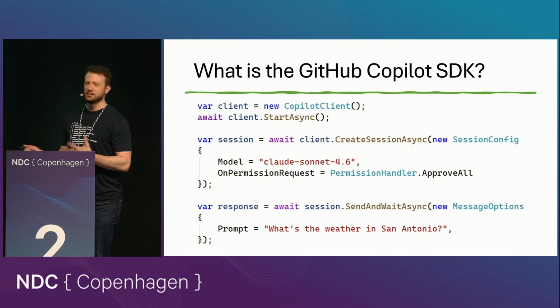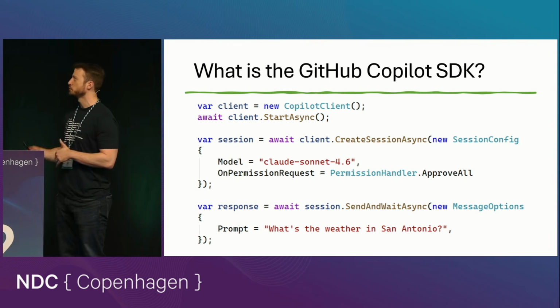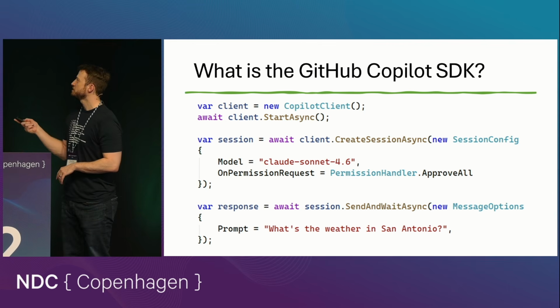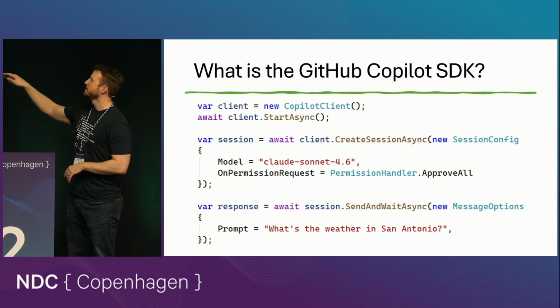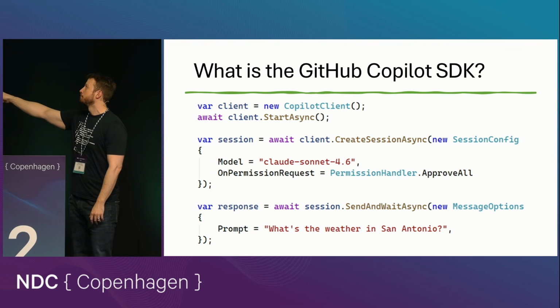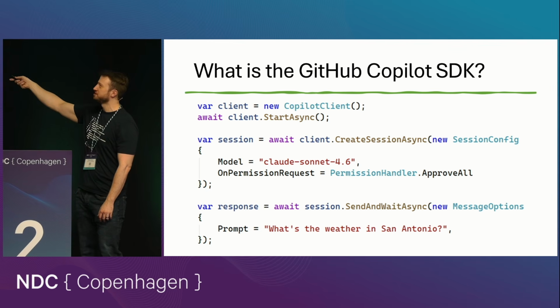It's not just Copilot, Claude Code calls them sessions too. A session is just a conversation. When you open up a new conversation, you're opening up a session. So we're creating a new session here. This is where we choose some of the interesting properties, like which model we want. Here I'm using Claude Sonnet 4.6. Then our permission request handler. It comes with one already made called ApproveAll, and this is YOLO mode.